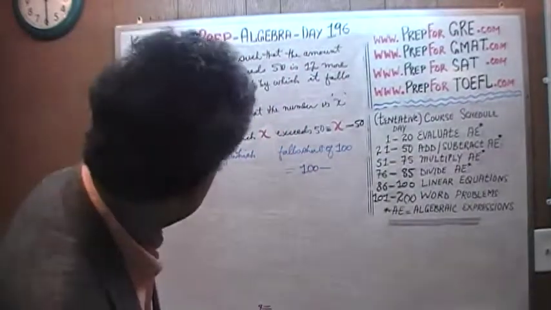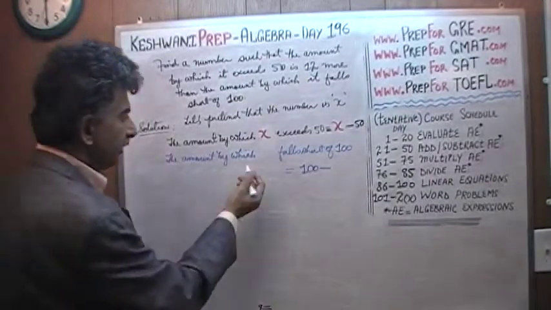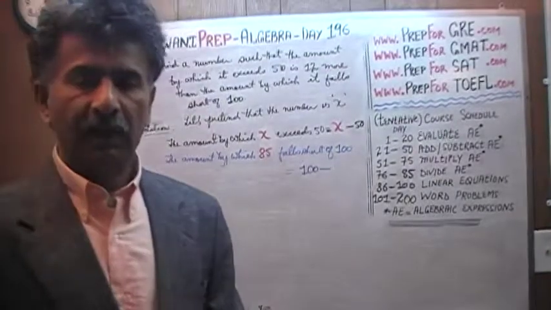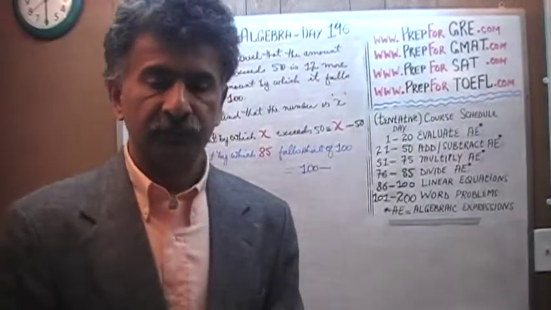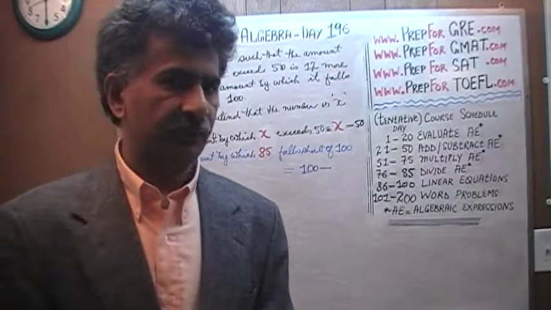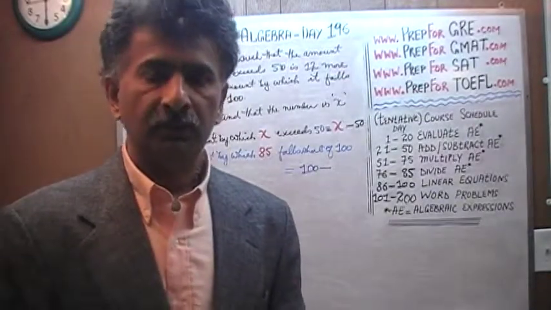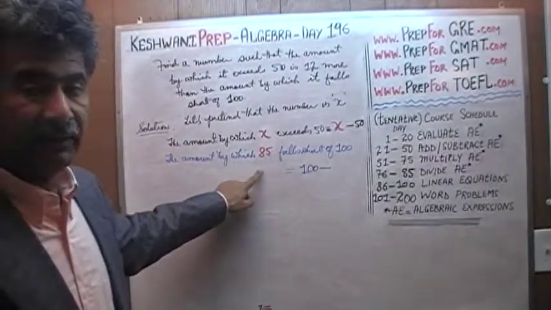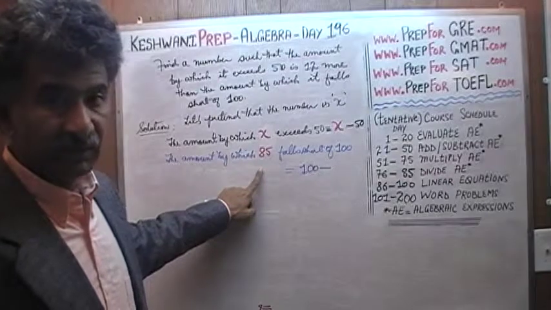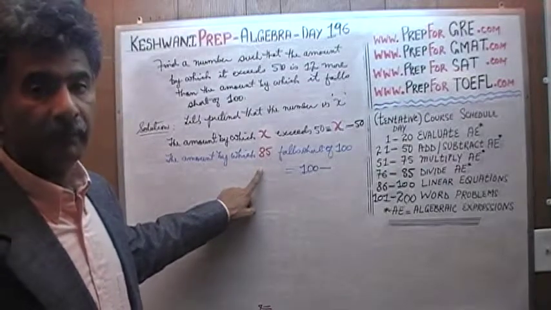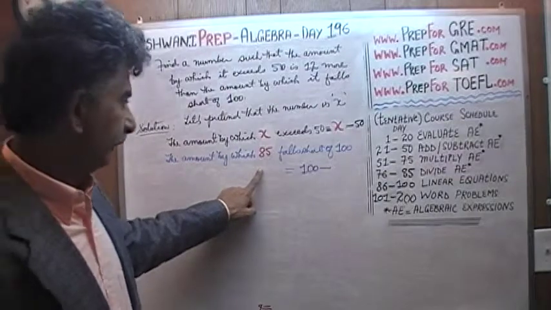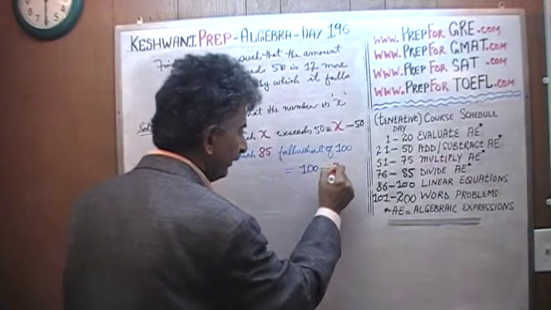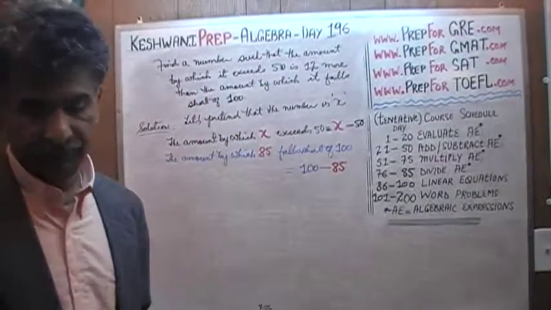For example, how much does 85 fall short of 100? 85 falls short by 15, because had we had 15 more, then 15 plus this 85 would have given us 100. So the amount by which 85 falls short of 100 is 100 minus 85, or 15.